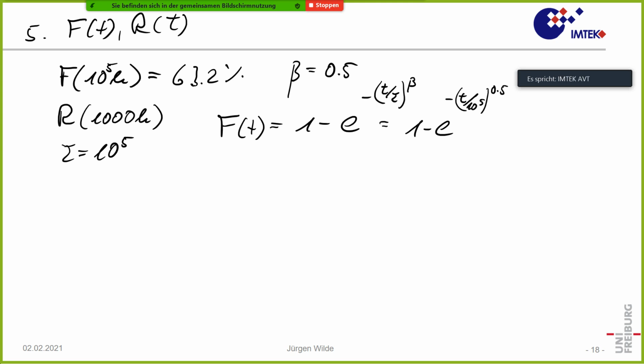Maybe it's easier. We say R of t is e to the power of minus (t divided by 10 to the power of 5) to the power of 0.5. That's for the 10 to the power of 5 here.